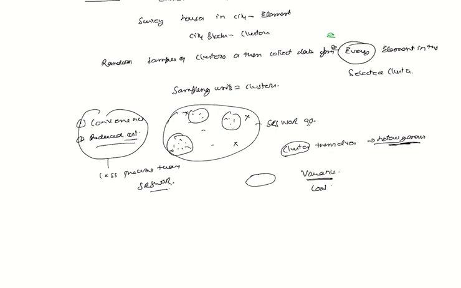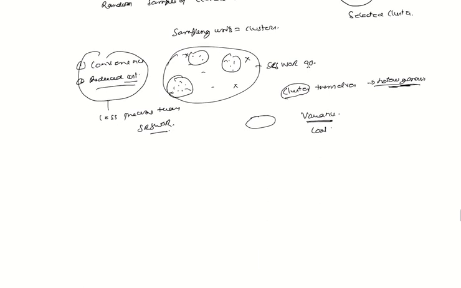So we have something called cluster sampling, and there is another thing called stratified sampling. What is the difference between these two? In cluster sampling, we select the clusters. Say these are the clusters, we selected this and this, so we'll count every element in this and this, and we will do nothing with this and this and this.